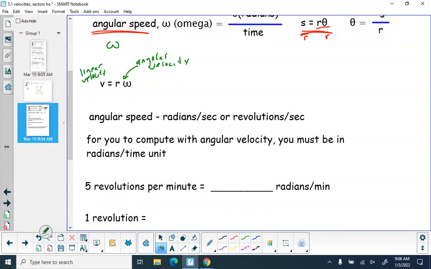When you talk about an angular speed, you're going to be talking about radians per second or revolutions per second. Your RPMs in your car. You have a speedometer, miles per hour dial in your car, but you have a second dial over there that measures your rotations or revolutions per minute, RPMs.